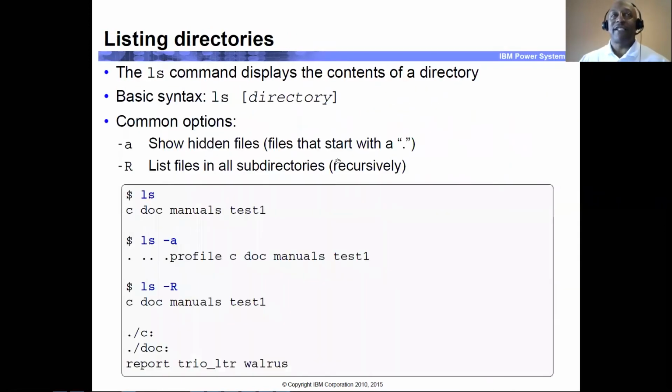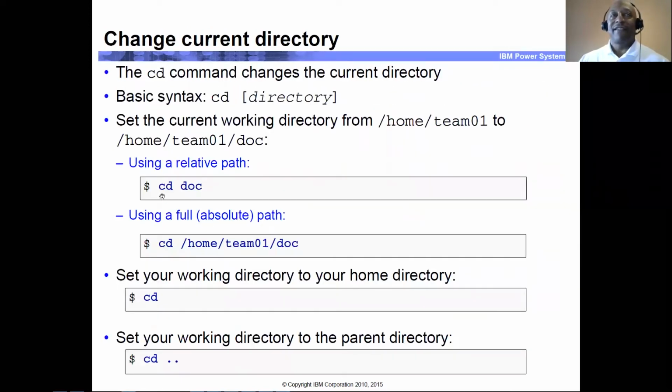And that's what they did here, right? Change directory to DOC, whereby our current directory is /home/team01. If the customer wants to use the full absolute path, that always begins at /, so /home/team01/DOC takes us to the same location, whether we use relative path or absolute path. But absolute path always begins with /.